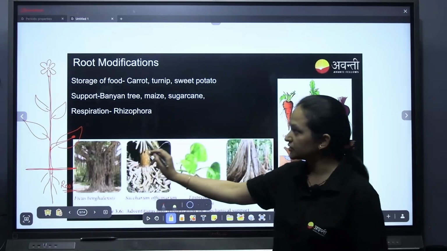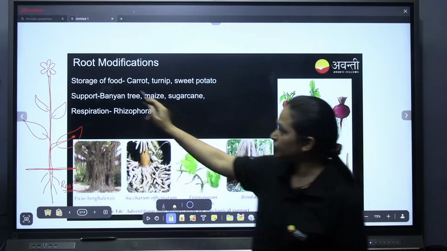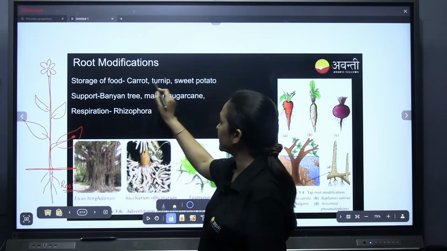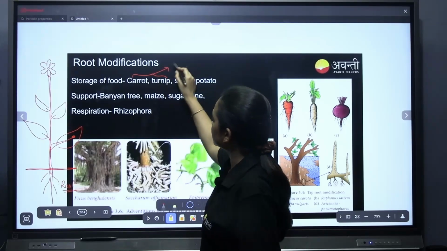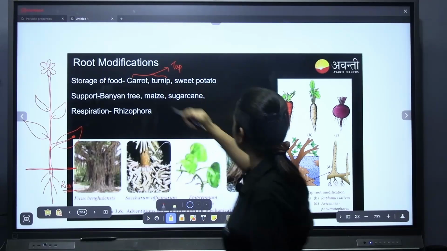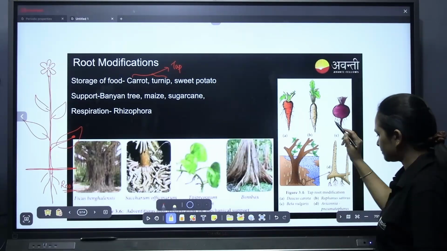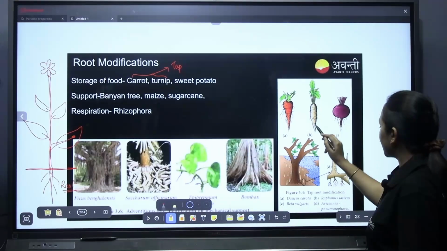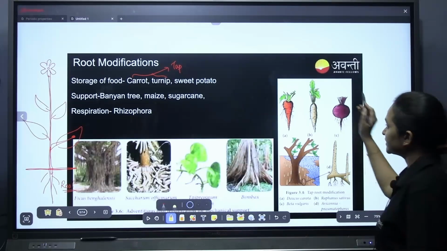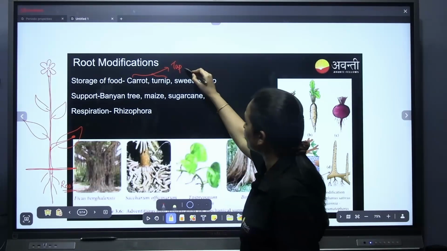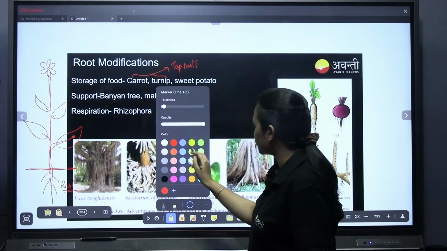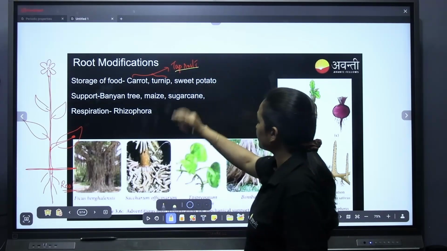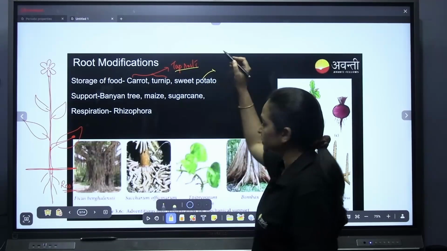Some such structures are for storage of food, for example in carrot and turnip. This is the taproot modified, and here if you see the carrot and here radish, turnip, you can see the taproot is modified. Taproot of these plants is modified to store food. Okay. Now coming to sweet potato, another modification.